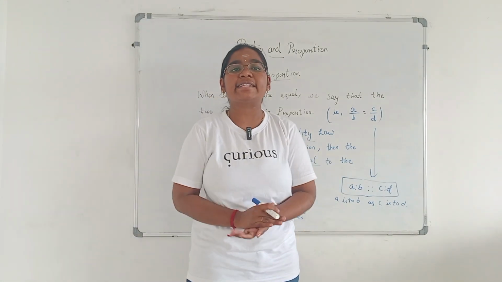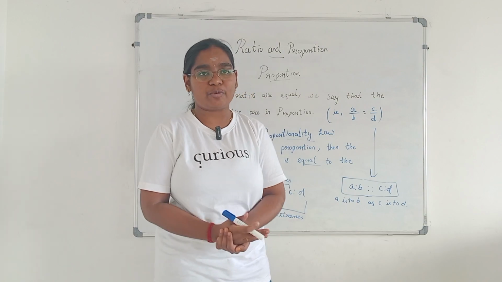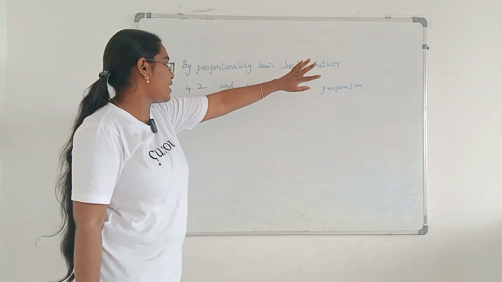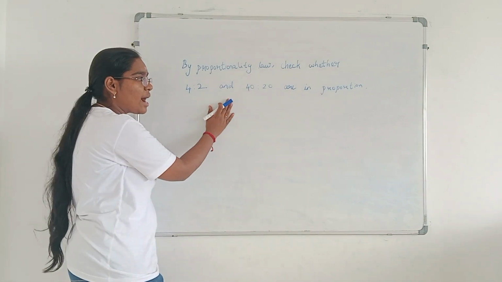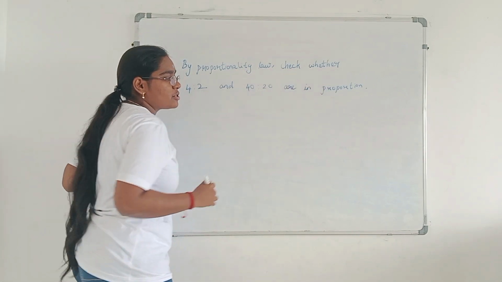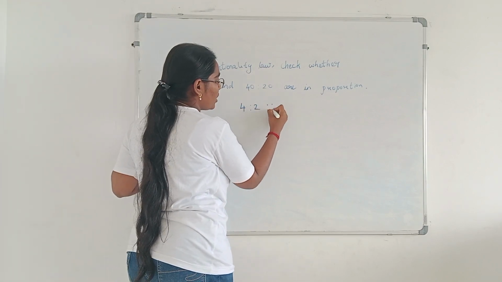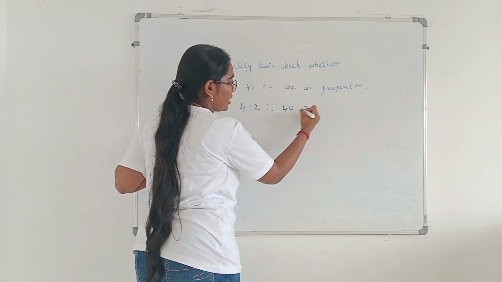Okay, next we can deal with some problems related to proportion. Now this problem: by proportionality law, check whether 4:2 and 40:20 are in proportion. So first, 4:2 as 40:20.